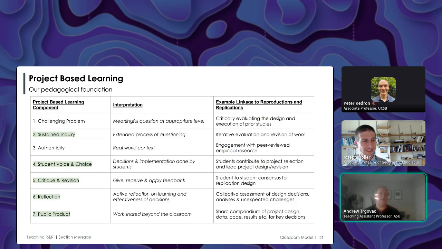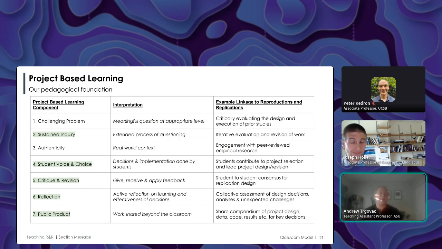And we highlighted some of these just to point out that a lot of times in a typical GIS classroom, when we're doing something like a lab lecture model, or a student-based project where they design their own project, we don't always meet all of the criteria, the components for project-based learning. And so when we're doing something like a reproduction, we are trying to make sure that we implement each of these individual components. The middle column then gives an interpretation of what we feel each of these components means.